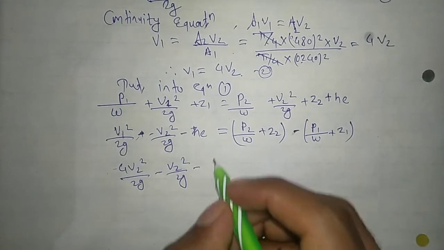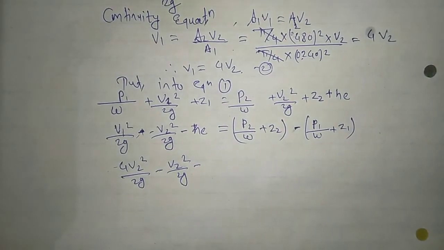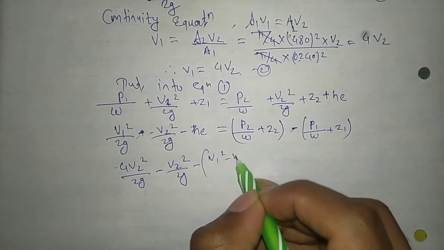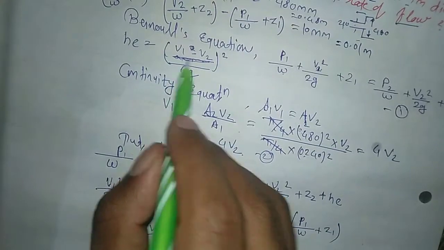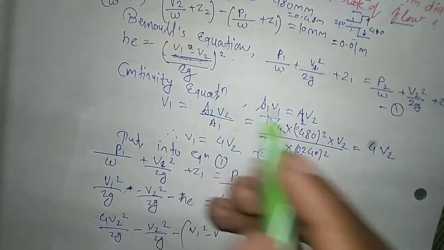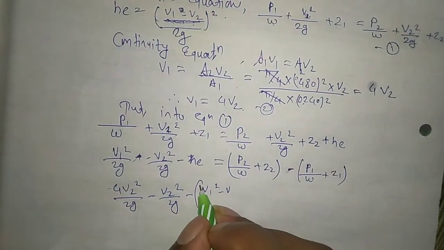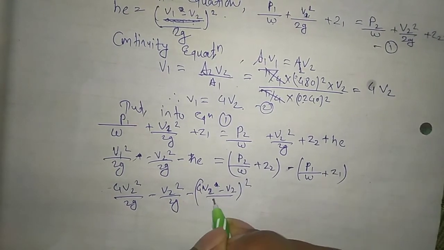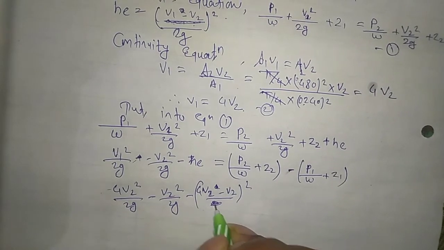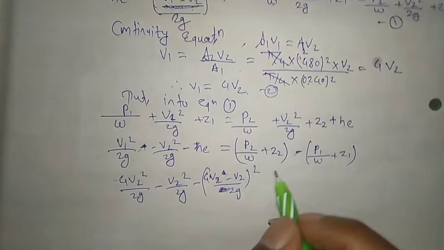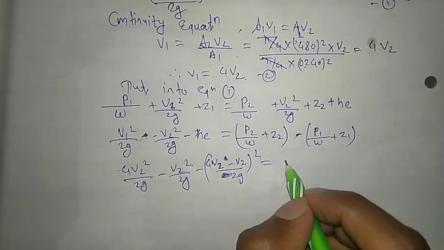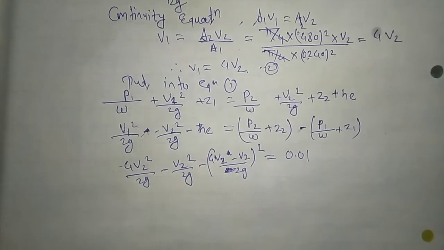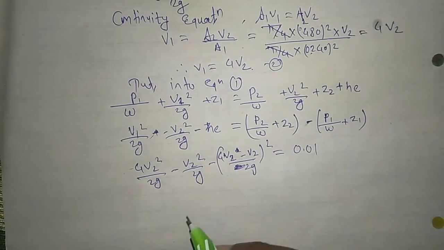HE means (V1 minus V2) whole square. So we can write (4 V2 minus V2) square upon 2G, equal to 0.01, as the hydraulic gradient rise is 10 mm.